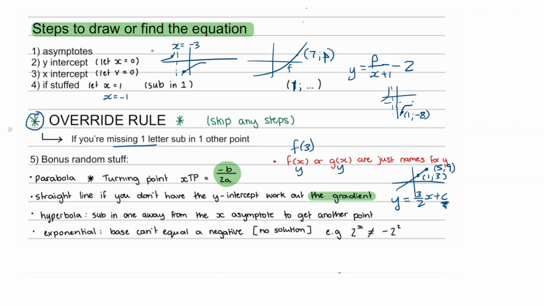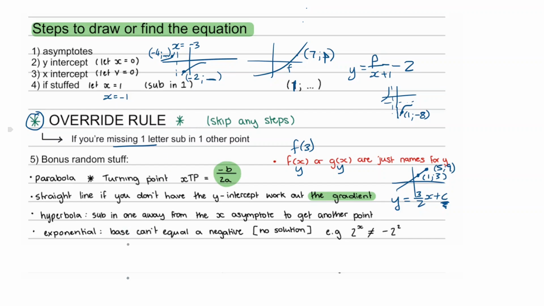So if that's minus 3, I would go 1 away, so it's minus 4. I must sub minus 4 back into the equation. If this is minus 3, you could sub in minus 2. That's 1 away. And you can sub that back into the equation. Why do I always do 1 away? Because the answer you get will always be a nice juicy number rather than some weird decimals.